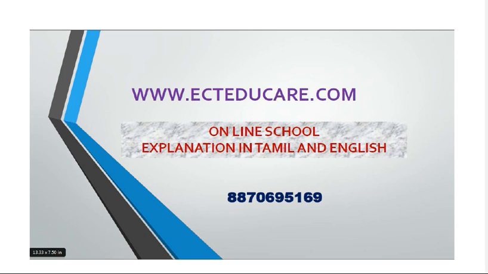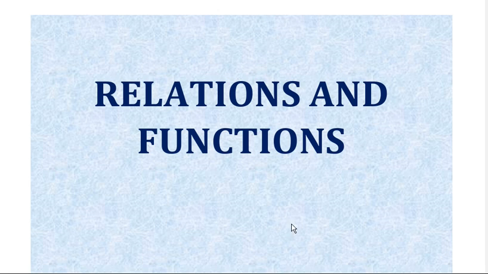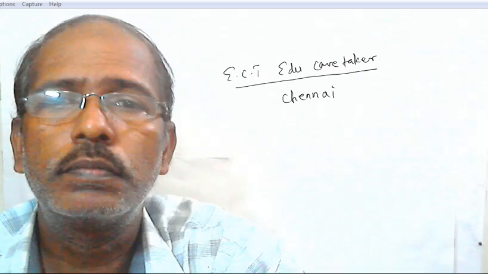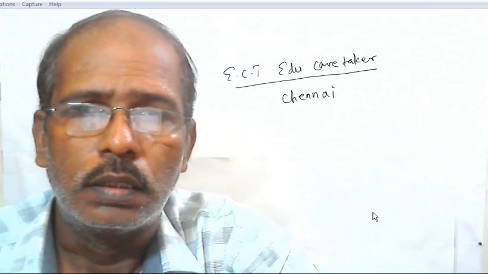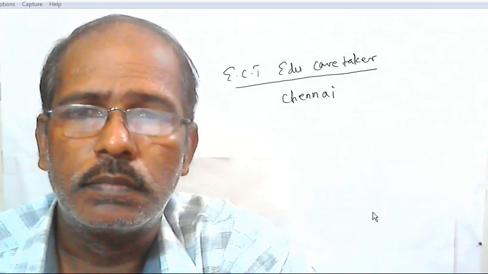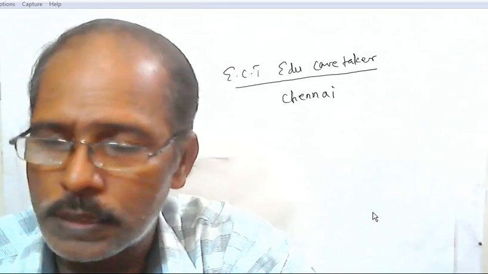In this class, let us discuss the second session of relation and function, the first chapter of 12th standard mathematics. Relations and function, session number 2. So my dear students, we are going to discuss the second part.